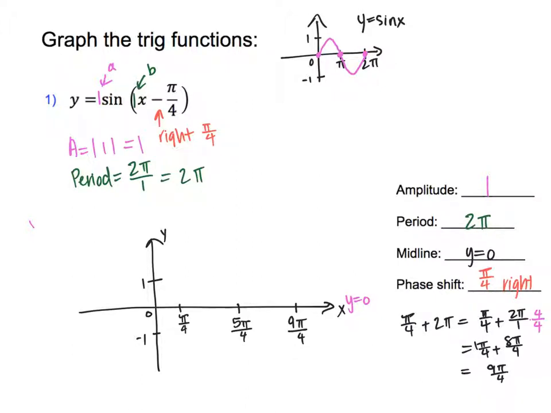So if this would be 2 pi over 4, then it would be 3 pi over 4, and then 4 pi over 4. Then it would be 6 pi over 4, 7 pi over 4, and then 8 pi over 4, right? And so notice that the middle here would be 5 pi over 4. So basically I'm just slicing these into pieces to get my middle point.